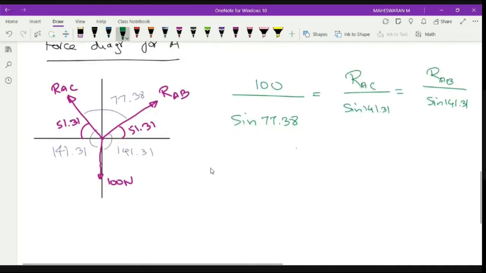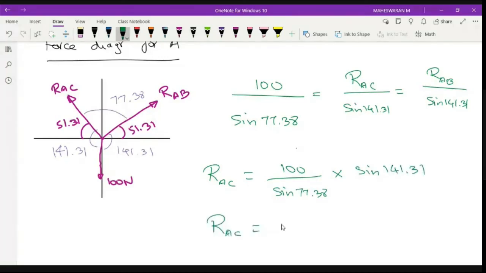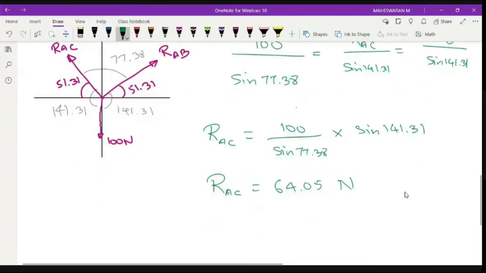Find out R_AC and R_AB. Both are the same, of course. R_AC is 64.05, and in that case R_AB is also 64.05.